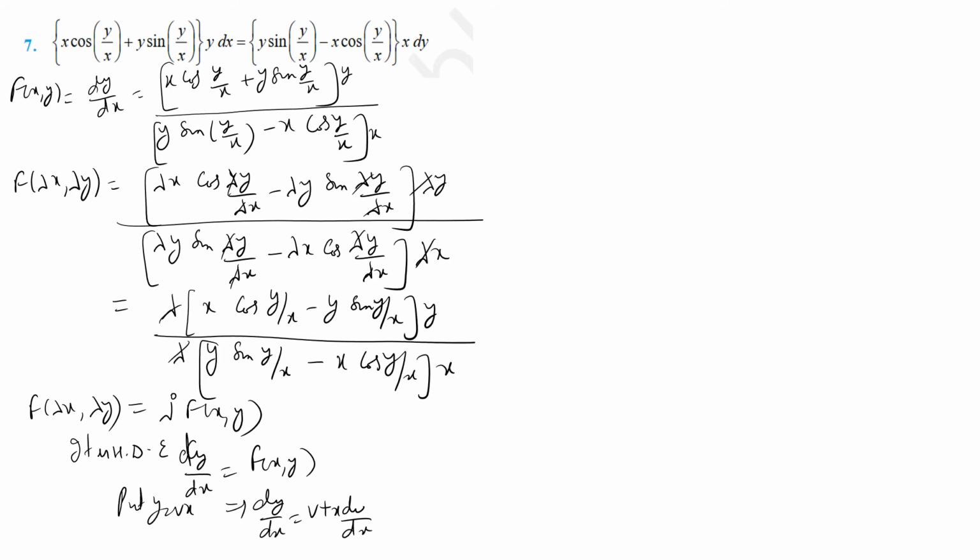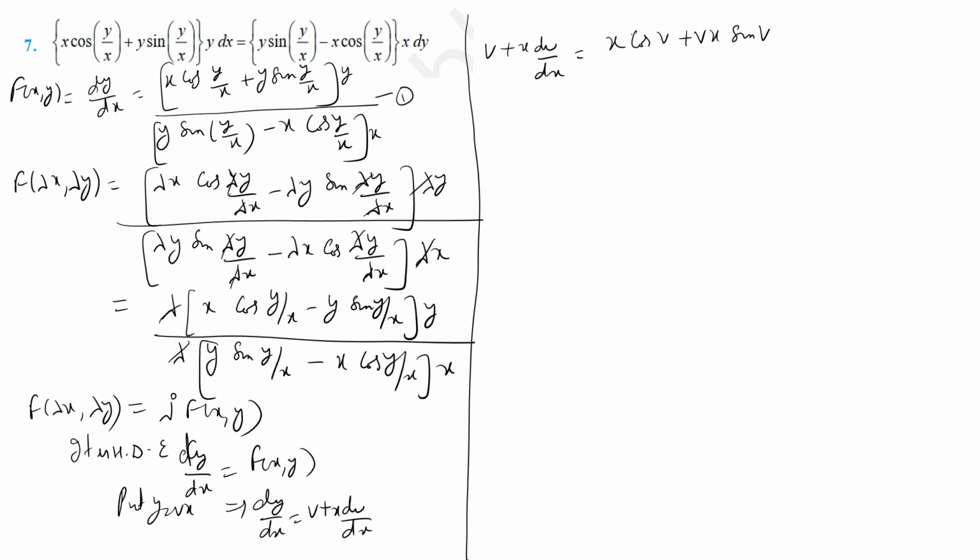Let us check it out here in the equation. v plus x dv by dx is equal to x cos v plus vx sin v upon vx sin v minus x cos v, and it is x here. Remember, you have to replace y by vx, and x will remain as it is.